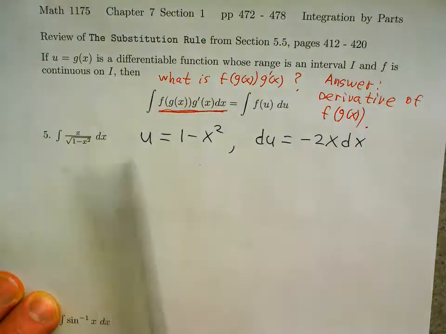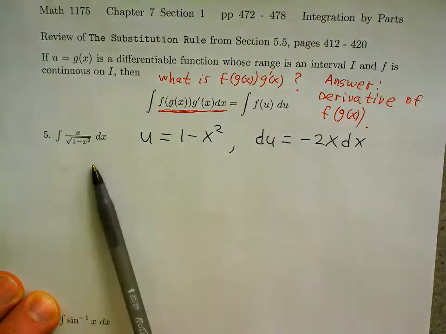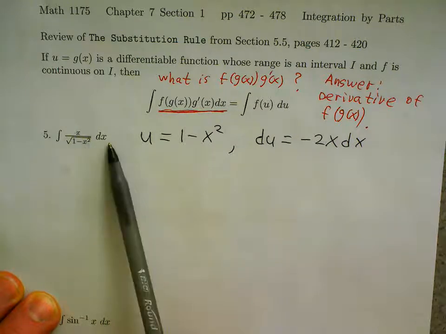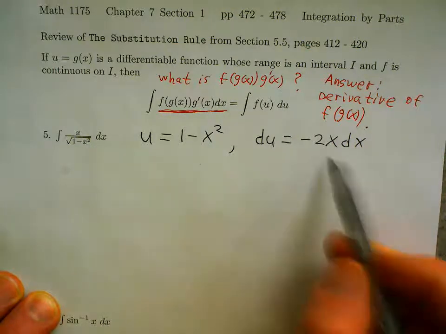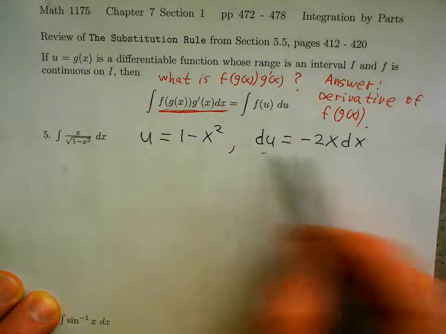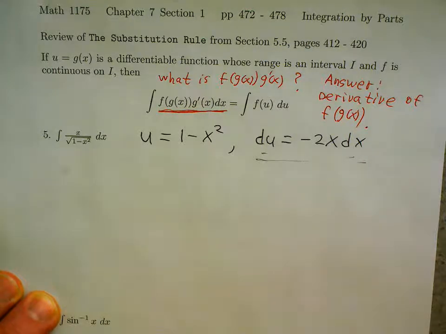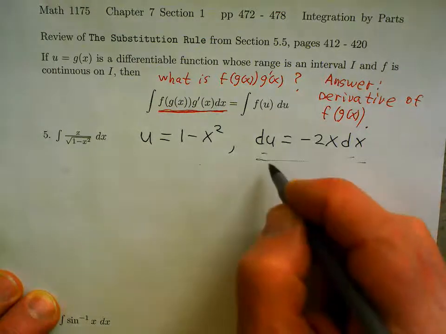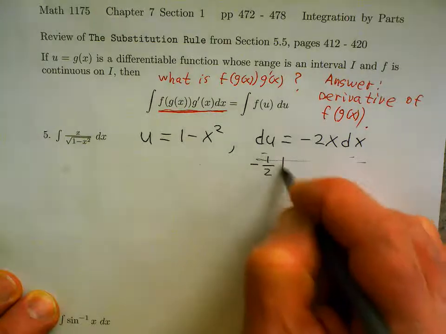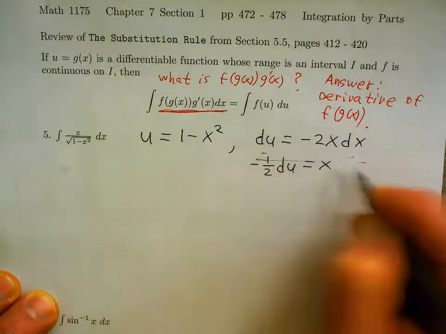So in our indefinite integral, we see x times dx. So that leads us to solving this for x times dx. If we just divide both sides by negative 2, we can write it as negative 1/2 du equals x times dx.